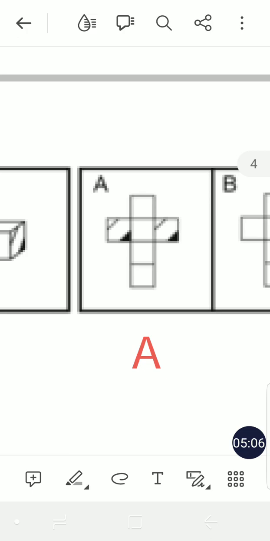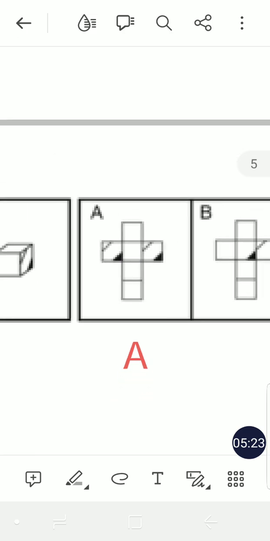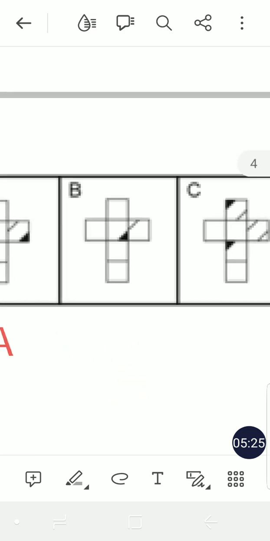So the only valid choice is A. Bottom right shaded small triangle, and then the top left non-shaded triangle. So if you look at choice B, it's just wrong.